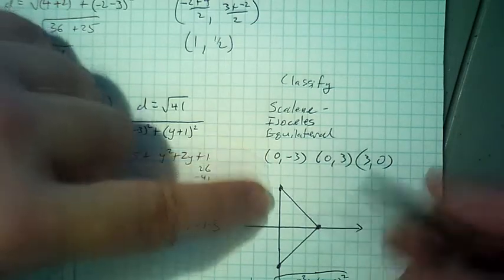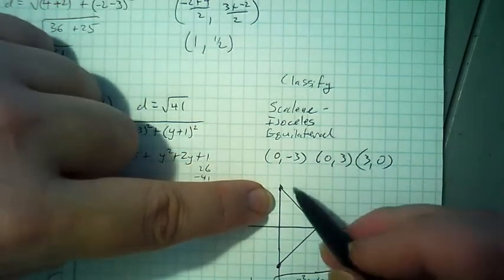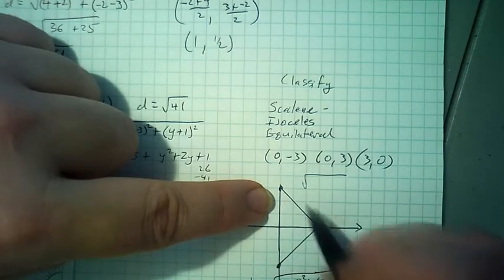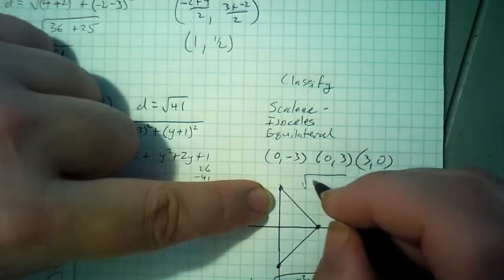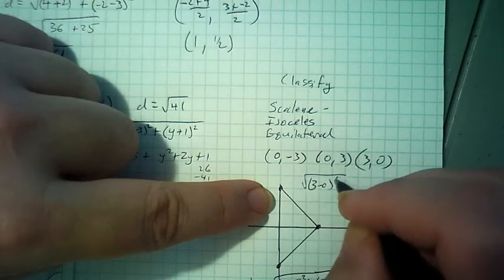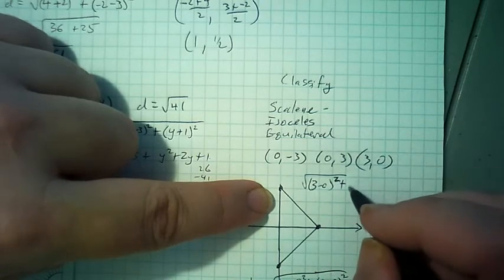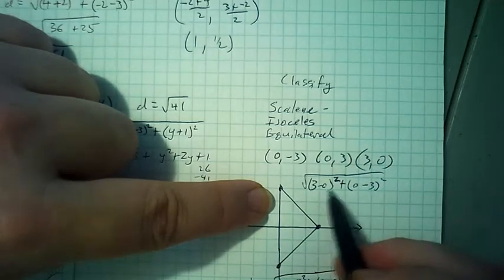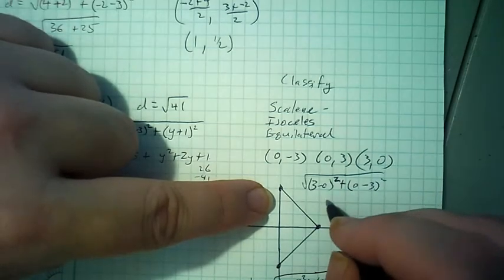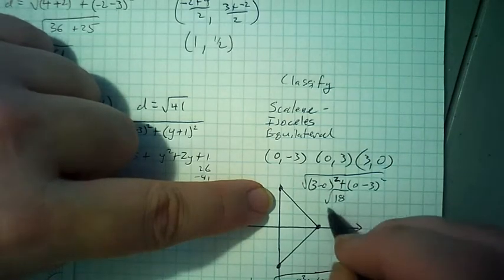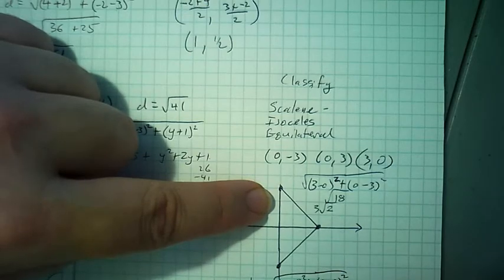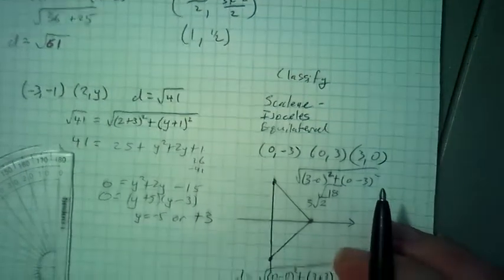The distance between these 2 points would be the square root of, I'll call this one the second one, 3 minus 0 squared plus 0 minus 3 squared. 3 squared is 9, negative 3 squared is also 9, so this is the square root of 18, which is 3 square roots of 2. Not the same as the 6 that we found before.